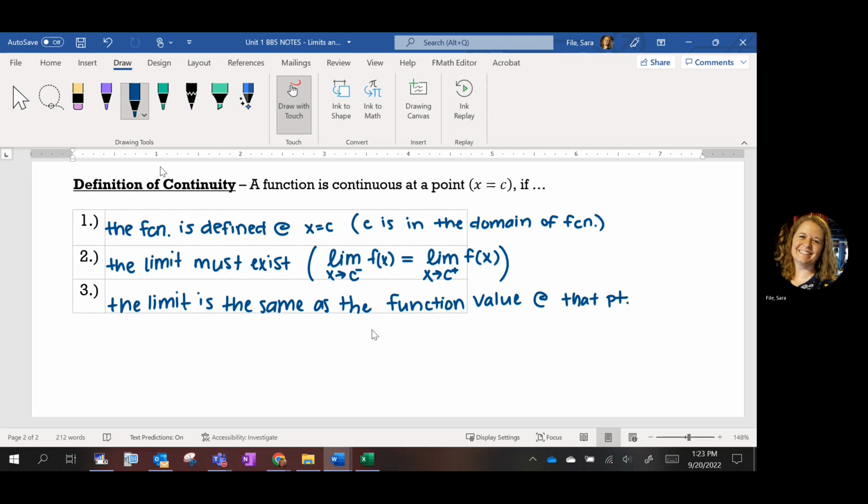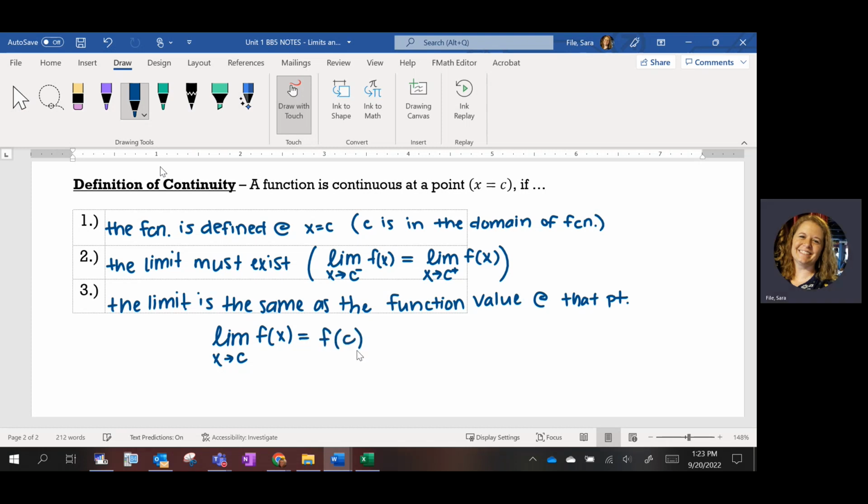Mathematically, the limit of f of x as x approaches c must be equal to f of c. So if we actually evaluate the function at c, that answer has to be the same as the limit from the left and the right. So all three of those pieces have to be equal to each other for it to be a continuous function at that point.